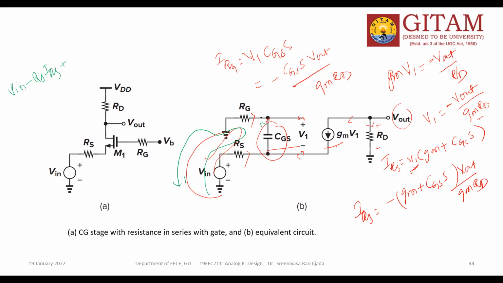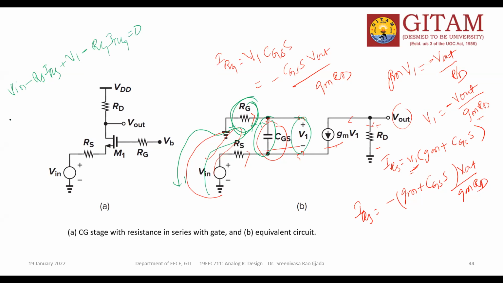The voltage across this is only V1, so you can write plus V1. And this is the drop across RG, with the sign because of direction, so minus RG into IRG is equal to 0. This is the KVL equation.